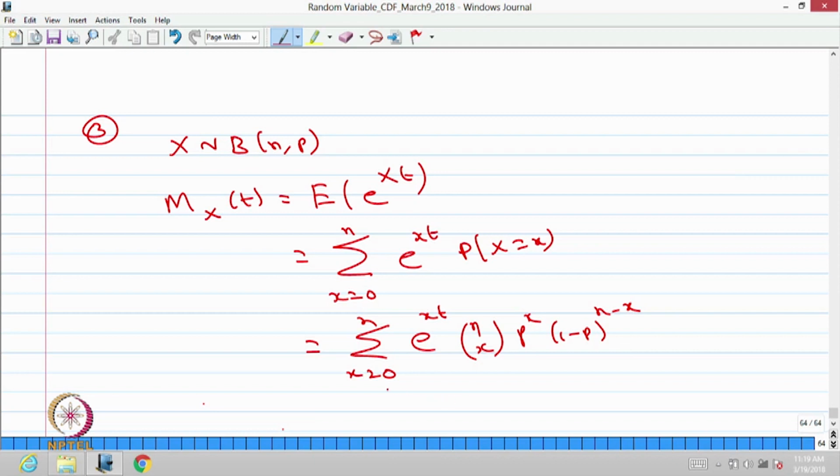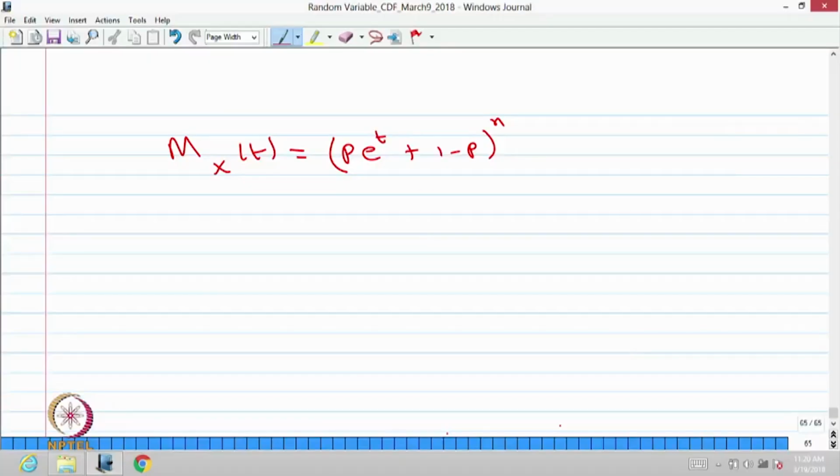Therefore, this is nothing but the summation x equal to 0 to n of nCx (e power t times p) whole power x and (1 minus p) power n minus x. Therefore, using the binomial summation, the MGF of the binomial distribution is (p e power t plus 1 minus p) the whole power n.